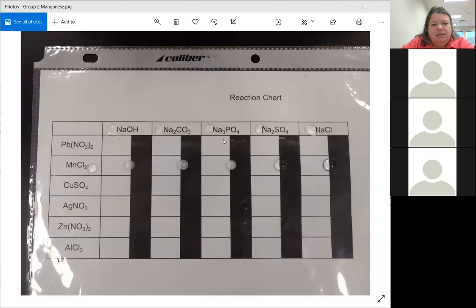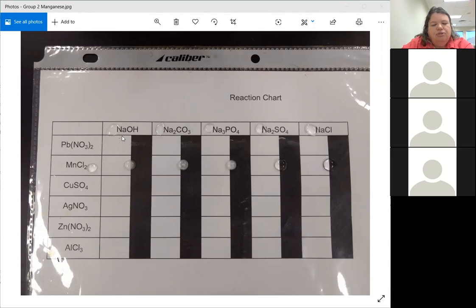It forms a precipitate. Looking at this one, sodium hydroxide does, sodium carbonate does, sodium phosphate does, but sodium sulfate does not, and sodium chloride does not, because they're both very clear. So you need to look and see which ones form a precipitate. All 6 of these, which nobody has a limit on, will have at least 3 that form a precipitate, or form a solid when you react them.